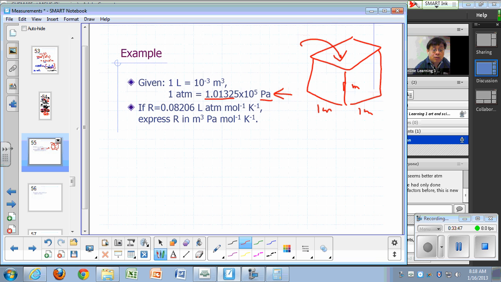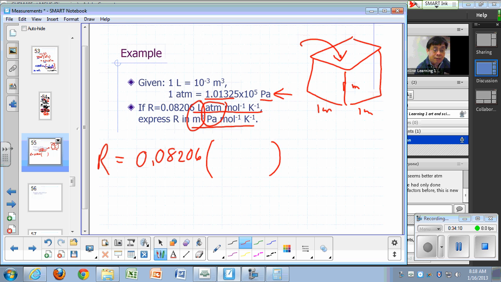So how are we going to convert this from liter atmosphere per mole per Kelvin to cubic meter Pascal per mole per Kelvin? What are we doing here? We're replacing liters by cubic meters, and we're going to replace atmosphere by Pascal. So here's how you can do it. You can say 0.08206 liter. Instead of liter, what am I going to write? 10 to the -3 cubic meters.